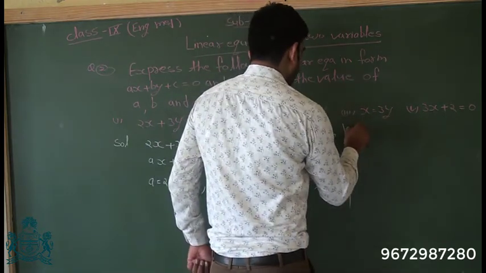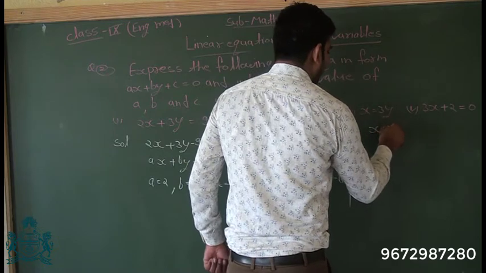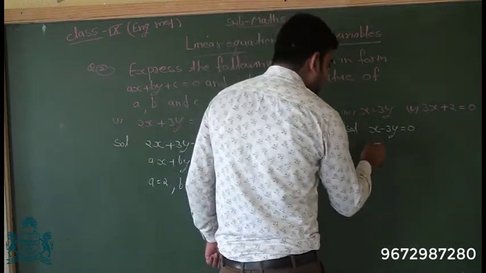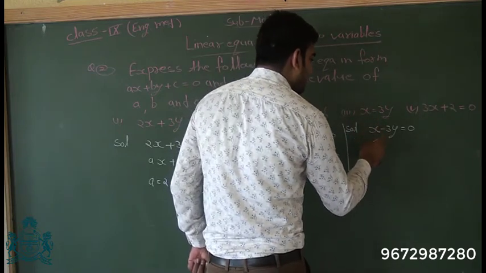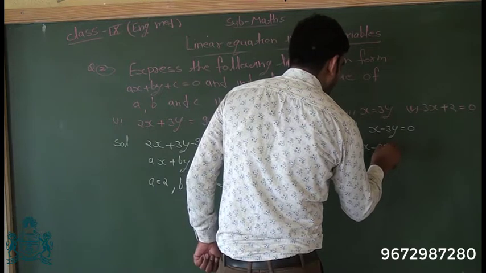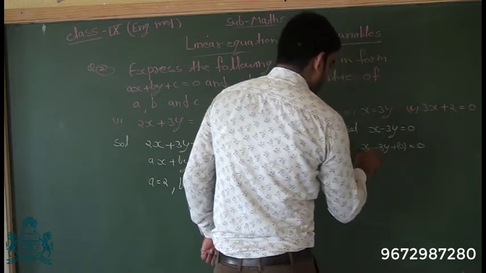Next, x equal to 3y. Change it into ax plus by plus c equal to 0: x minus 3y plus 0 equal to 0.